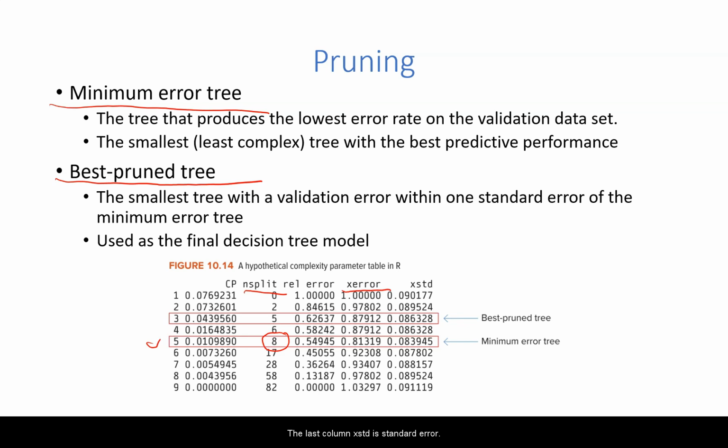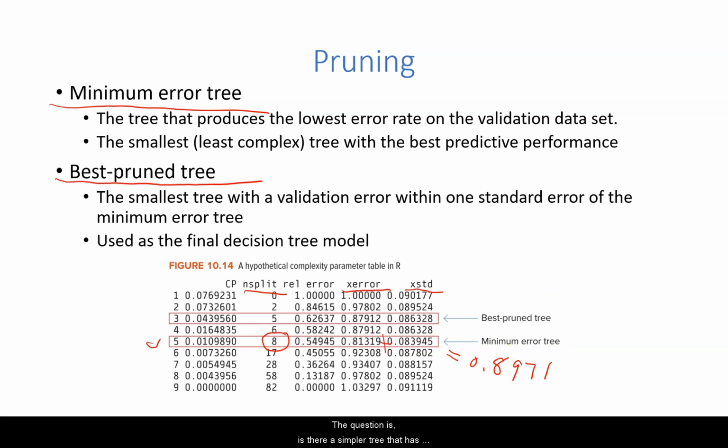The last column, X standard, is standard error. So, if we add the standard error to the validation error for tree number 5, we will get 0.8971.